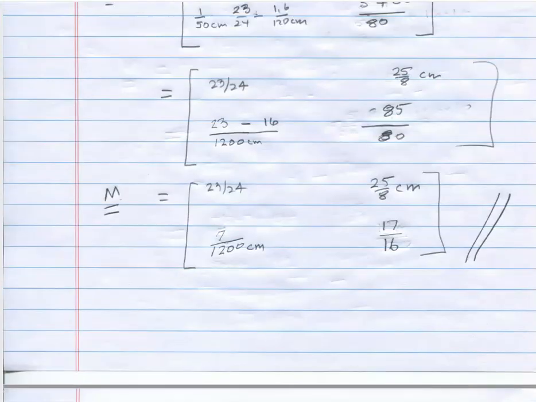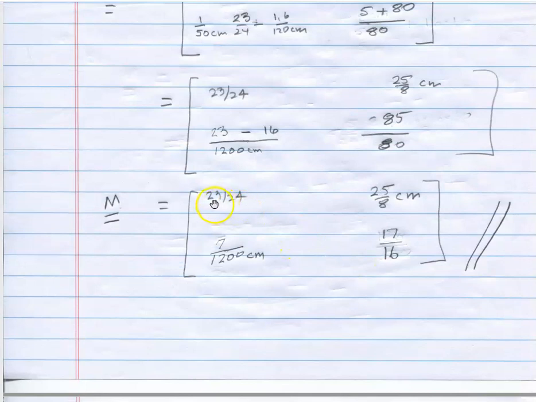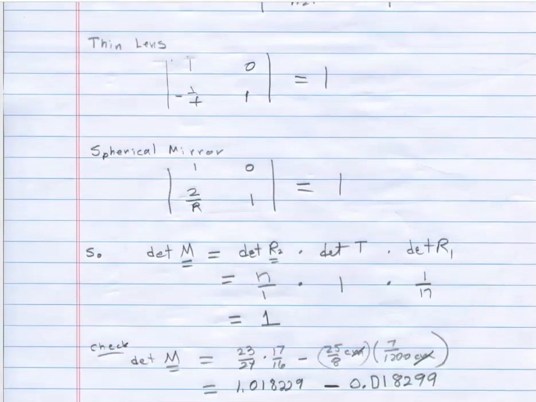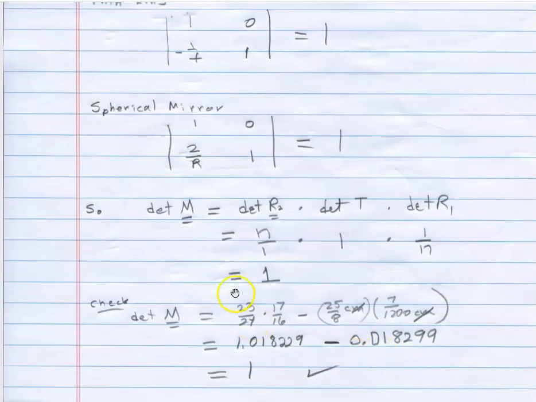So let's do that for that one. It's going to be 23 over 24 times 17/16 minus 7 over 1200 times 25/8. And I did that here someplace. Here. Notice it cancels out, so everything is dimensionless. When I calculated these, I got 1.018229. And when I calculated these, I got 0.018229.